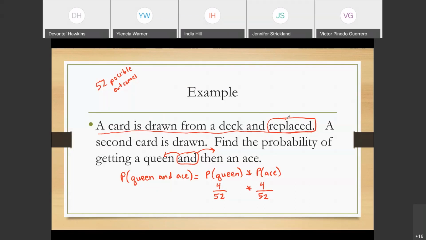All right, so let's go ahead and multiply these two things together. So 4 times 4 is going to be 16. All right, and then 52 times 52, I'm doing that on my calculator, is 2704. And I need to reduce that, and this is really where using your calculator to reduce a fraction is going to be much more helpful than trying to do it by yourself.